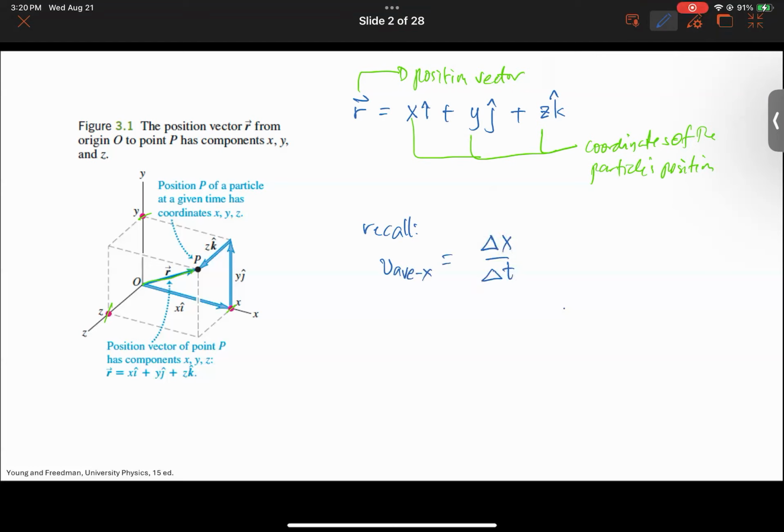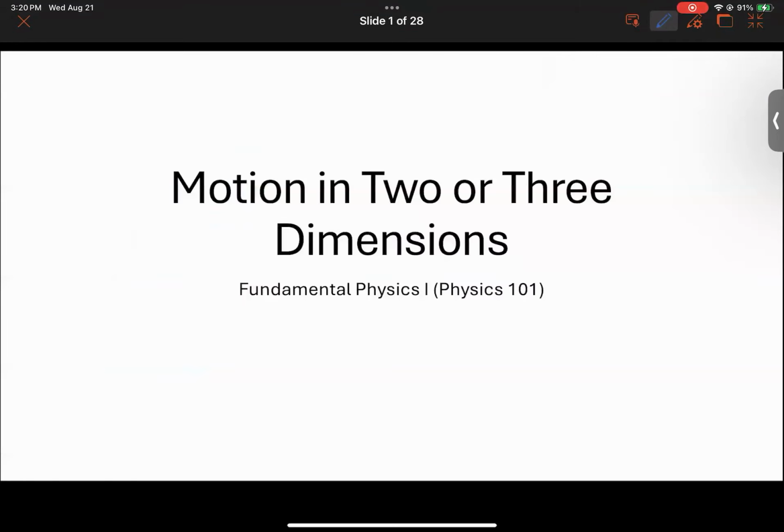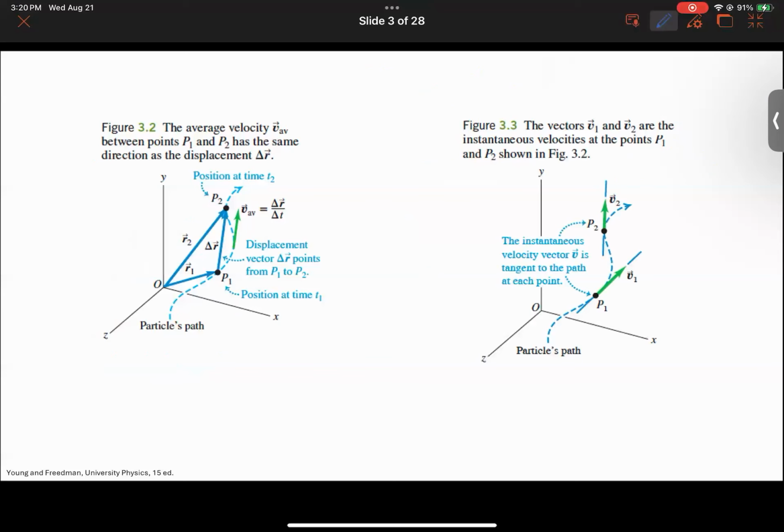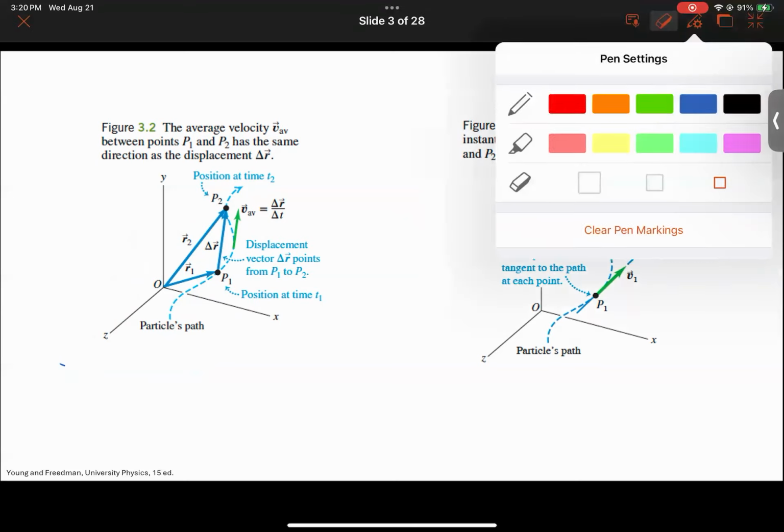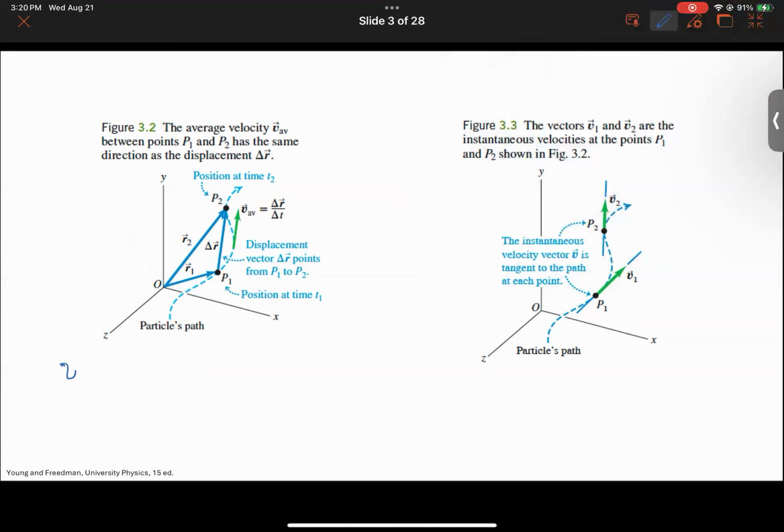So yan yung para sa x-axis. Pero ngayon ang tinitignan natin na yung vector na. Sorry, hindi position vector, but the average velocity vector, to be delta r over delta t.